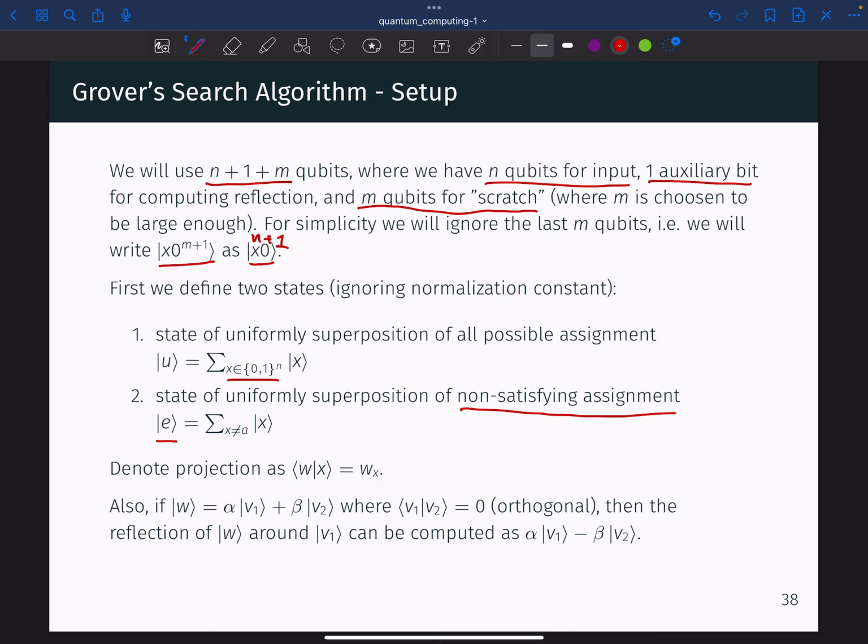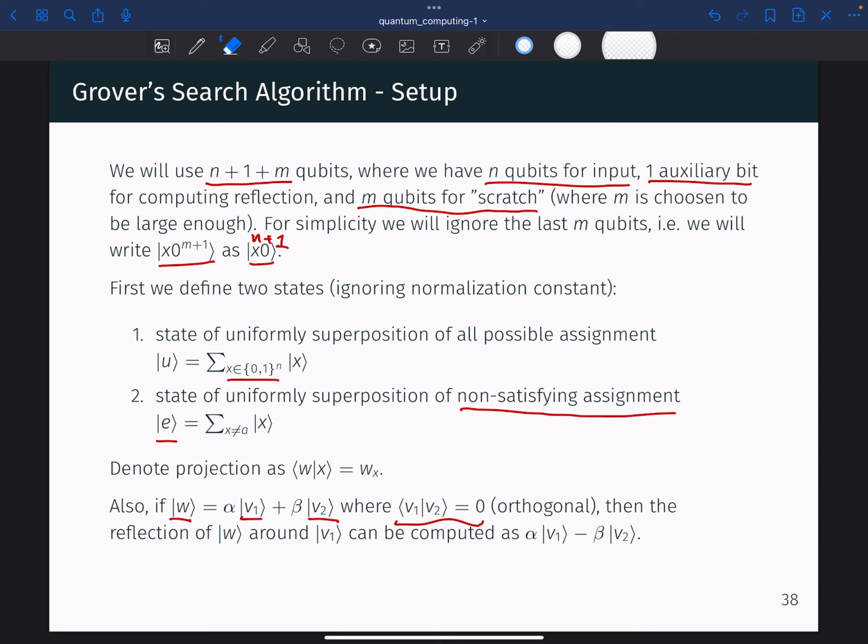If you can decompose some state vector into a linear combination of two orthogonal state vectors, where orthogonal basically means non-overlapping, you can decompose them into this. Using this notation, I should actually be writing W_V1, but you get the point.